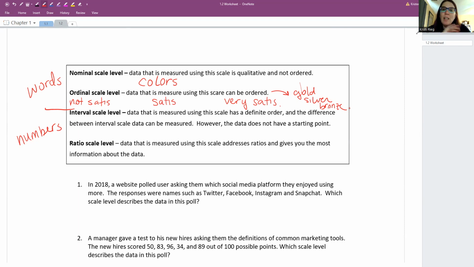They just are. Now, that doesn't mean you can't have your own opinion. Certainly you could like a color better than another color, but when we're looking at the scale level, we're talking about what is universally agreed. We all agree very satisfied is the best. We all agree that gold is first place. We don't all agree that orange is better than purple.